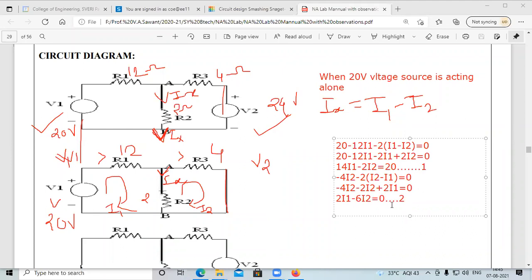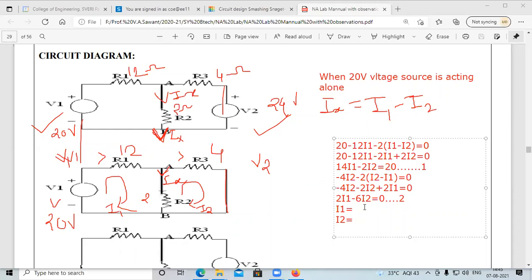Tell me from equations 1 and 2 what is the value of I1 and I2. Do you have calculators? Value of I1 and I2.